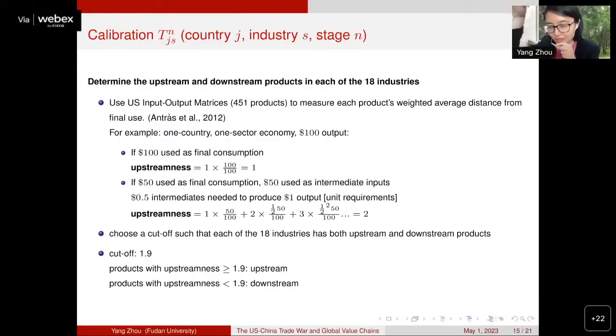This determines the sourcing places, and I only let the tariffs change. So finally, how the GVC is shaped is a joint effect of both the comparative advantage and the trade cost. The benchmark is the comparative advantage plus the trade cost before the trade war, and now it's the same comparative advantage, but the tariff is changed.